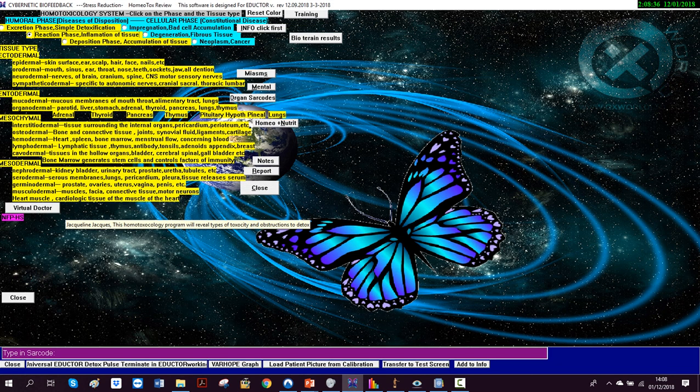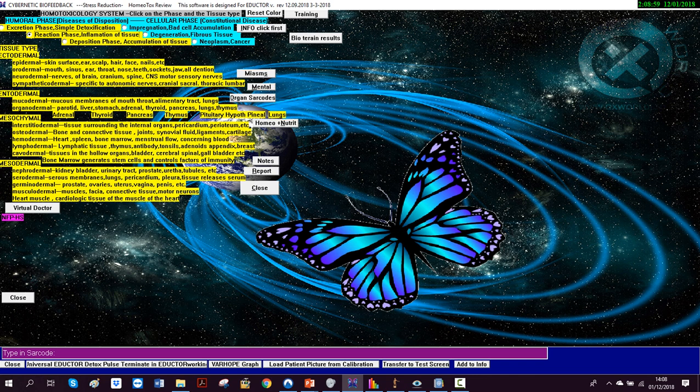So this is our panel. This panel records all the teaching by Reckeweg, the German person who developed the concept of homotoxicology. So this is the panel of homotoxicology.